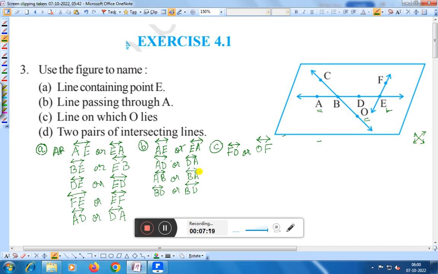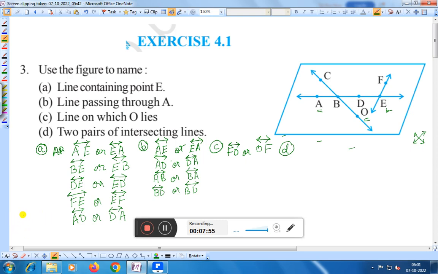Let's find two pairs of intersecting lines in question number D. Here this line intersects, that is AE and FE.